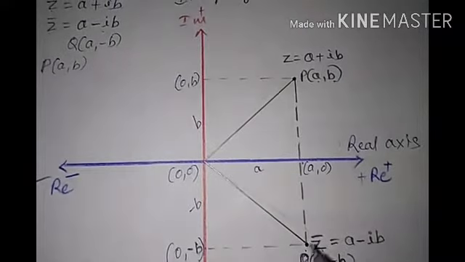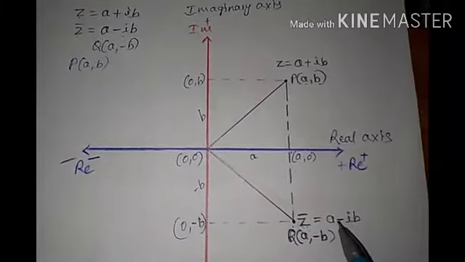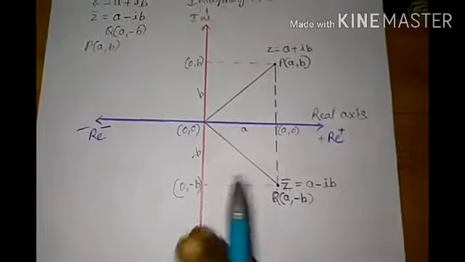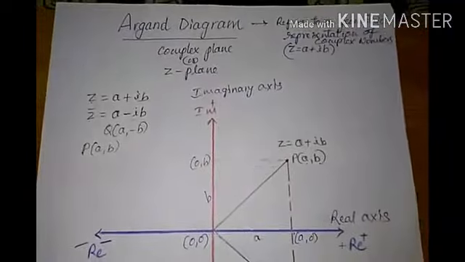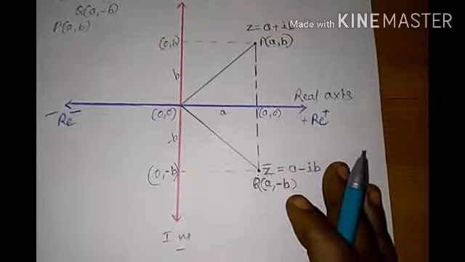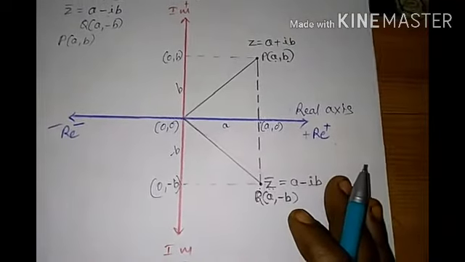In this manner we can represent a complex number and its conjugate on the complex plane or Z plane. This diagram is known as the Argand diagram. The Argand diagram refers to the geometric representation of complex numbers. That means we can represent any complex number on this Argand diagram. Okay, thank you.